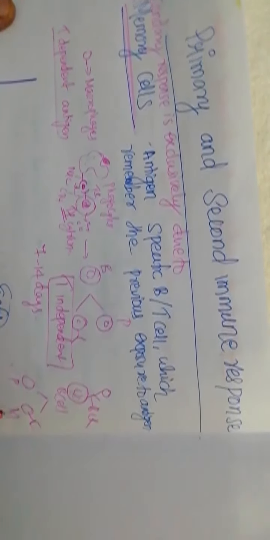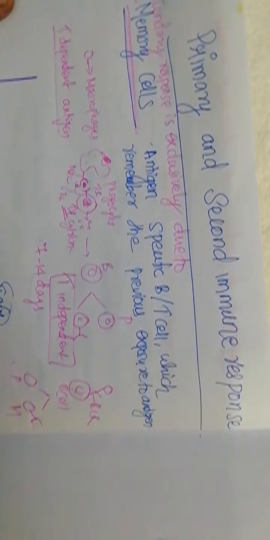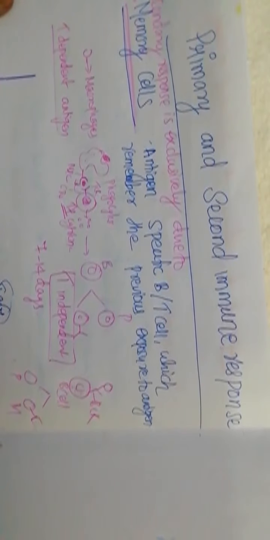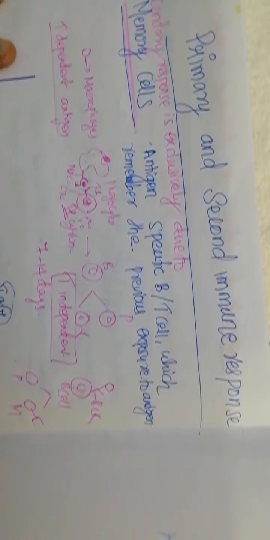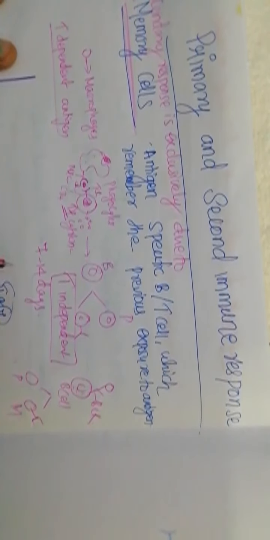So during the primary response time, memory cells will be formed and retained in the body. They don't undergo differentiation. They will be there in the body. But when you have the same antigen exposure for the second time, it can immediately become effector and memory cells.